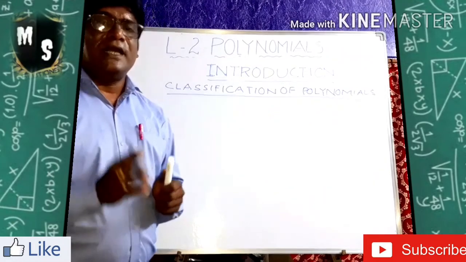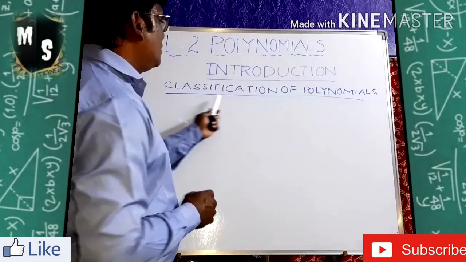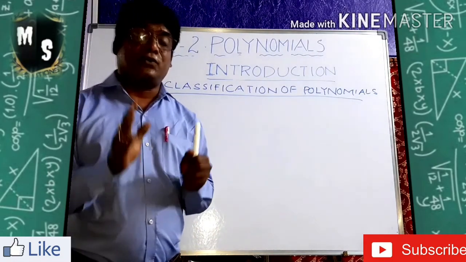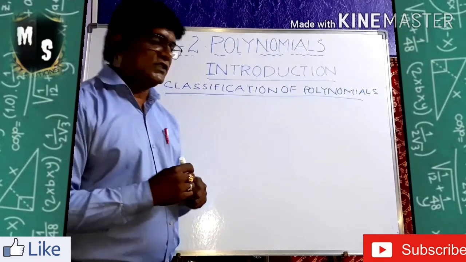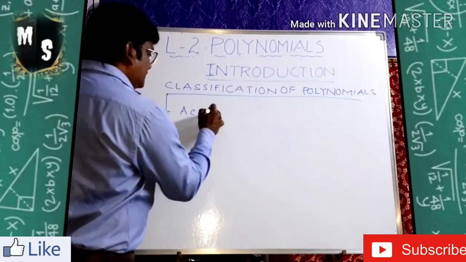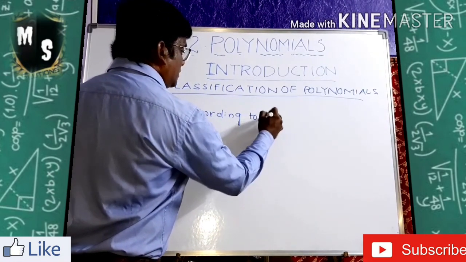Let's understand about them. Polynomials can be classified in two ways. The first one is according to the terms.